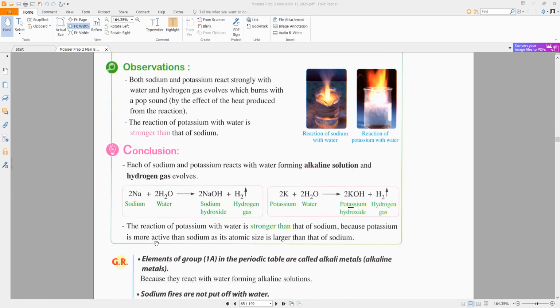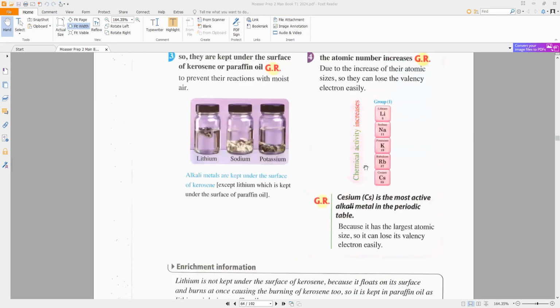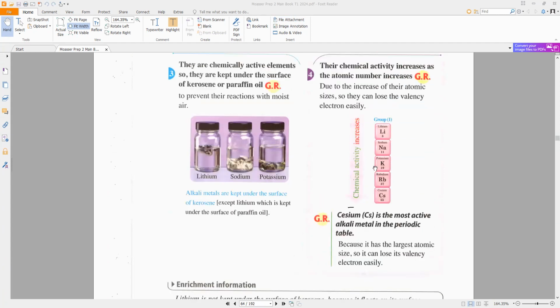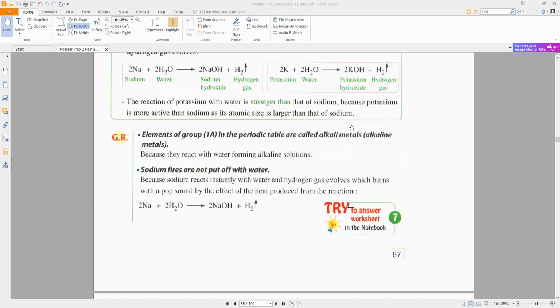But the difference is that the reaction of potassium with water is stronger than that of sodium with water. Why? Because potassium is more reactive, as it has a larger size than sodium. As we saw on the previous page, the activity of the metal is related to its size. When the size increases, the activity increases. Because potassium has a larger atomic size than sodium, its reactivity increases.